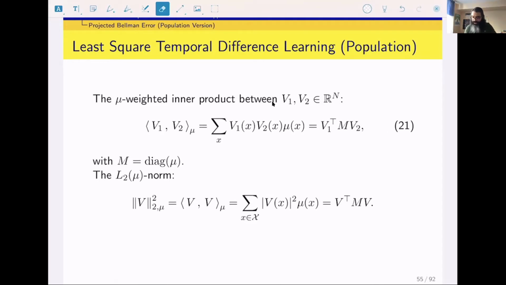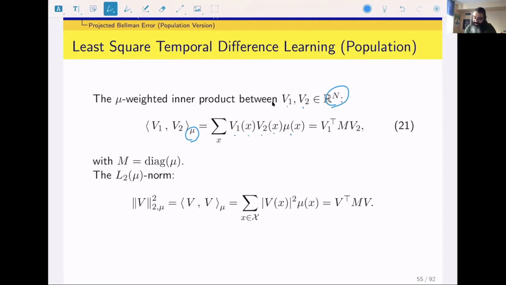So this is, I think, as before, but when v1 and v2 are n-dimensional, the inner product of them weighted by mu is written as the summation over all x's, x going from x1 to x capital N, of v1(x), v2(x), weighted by mu of x. So that would be the inner product.